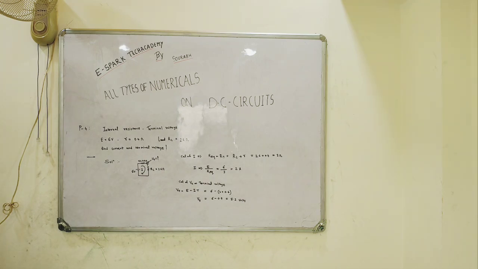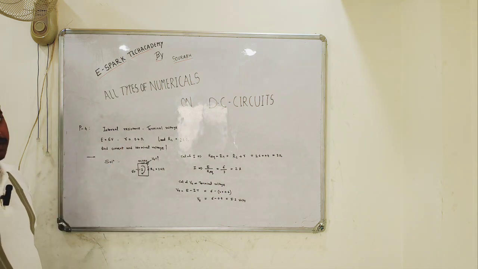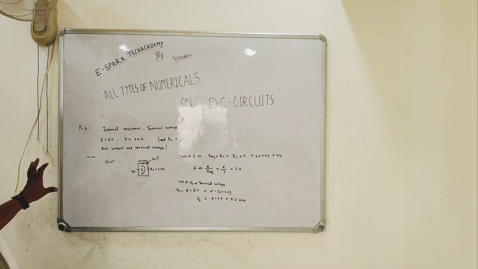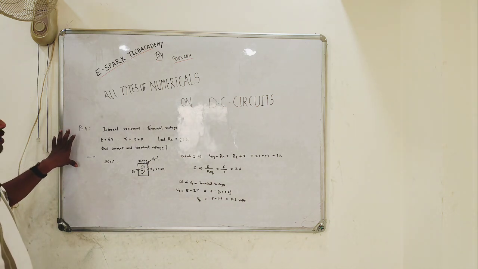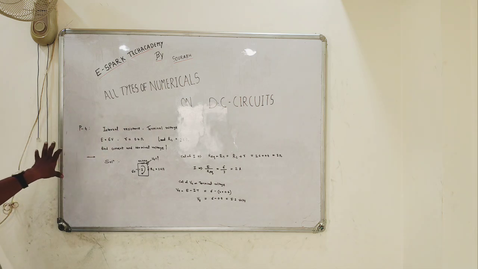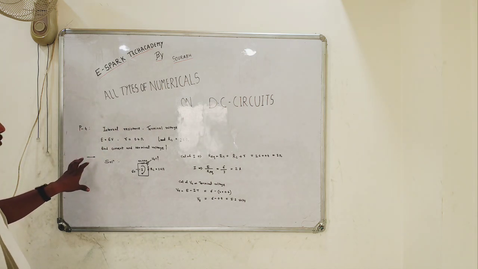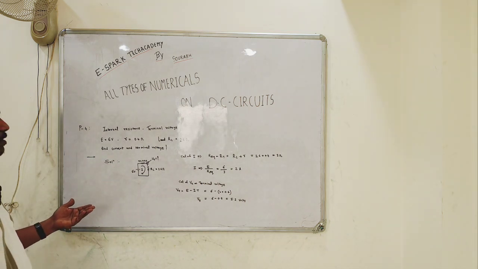Just now we have gone through internal resistance and terminal voltage calculation. When the internal resistance with a battery E is given and the load resistance RL is given, this is how to calculate the current and terminal voltage. Actually, many times only the word problem or statement is given. Here we have to first create the circuit diagram for it.